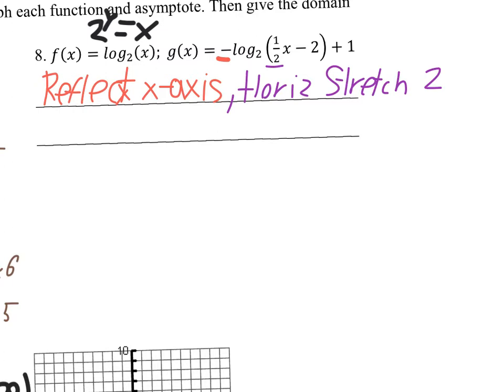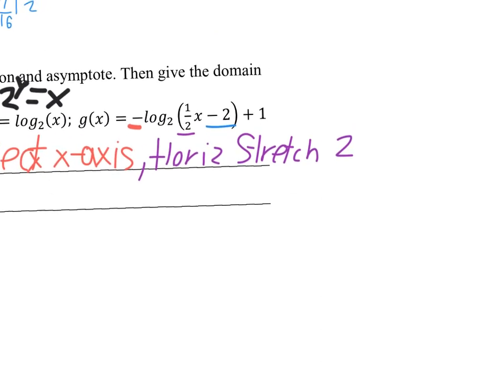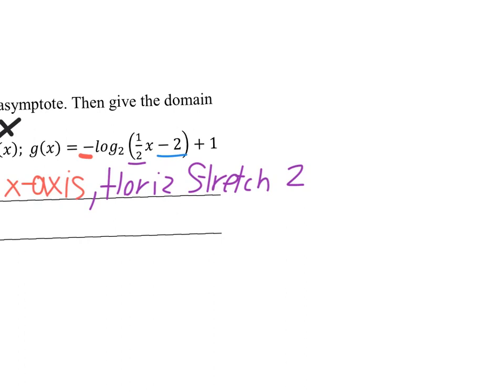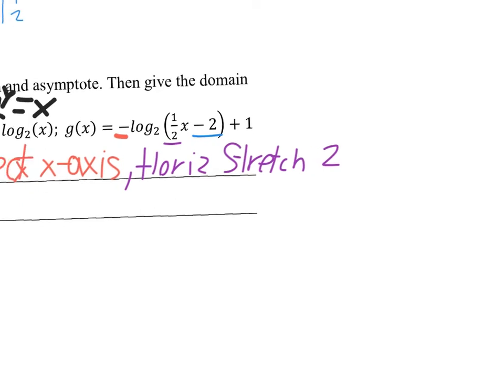Next up we have that -2. And once more, folks, I know some of you are thinking, okay, -2, that means we've got right 2 units. But folks, we have to remember our zero insertion principle.